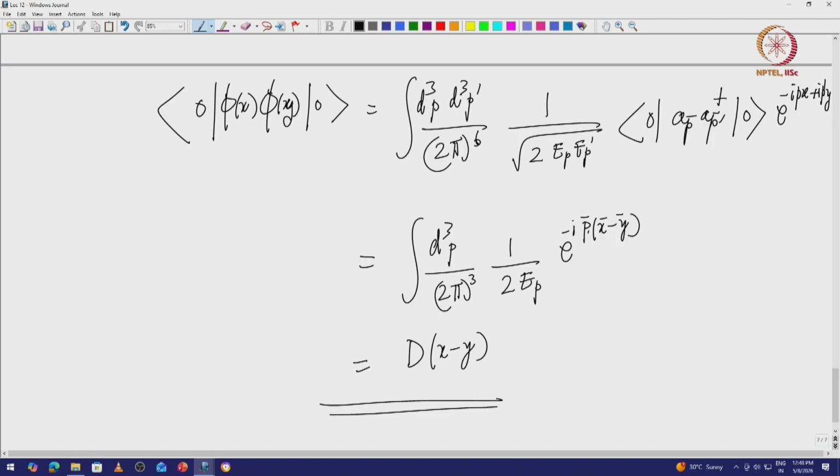So what is this? This is essentially a way of probing the causality. The point is that a particle at a point y, say for example, reaching x should not have amplitude beyond the light cone.